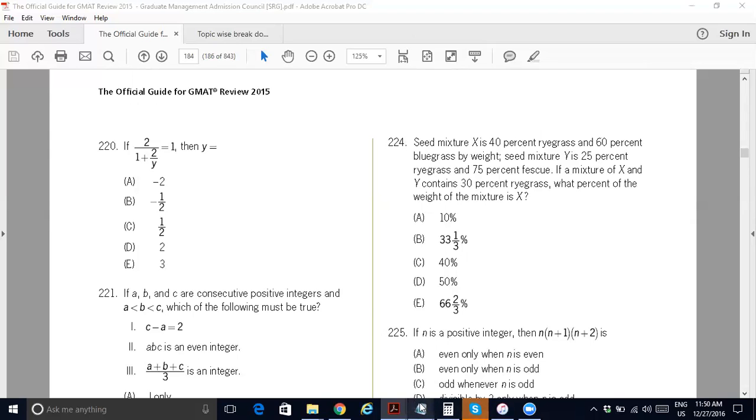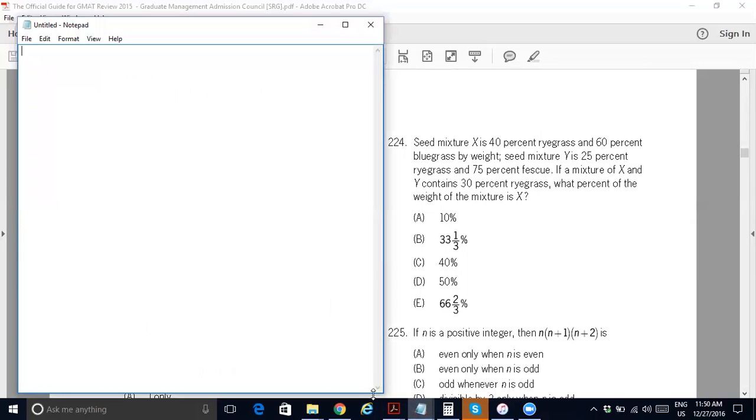It almost looks like that because 25 is to 75 is a ratio and 60 and 40 is a ratio also. Yeah, but 60 is bluegrass and 75 is fescue. Ryegrass and bluegrass. Oh, okay. Yeah, so there are three different ones.